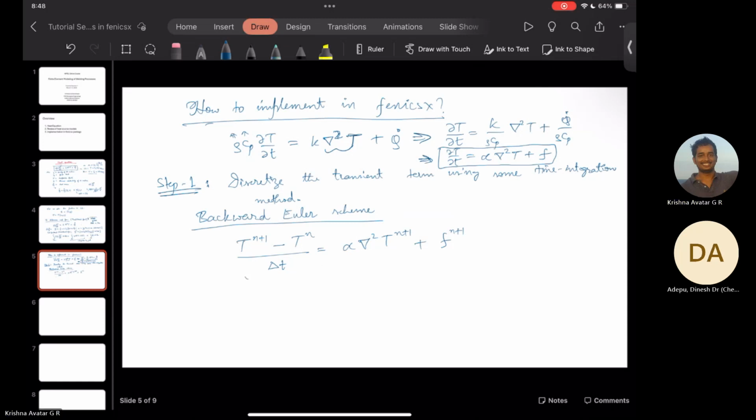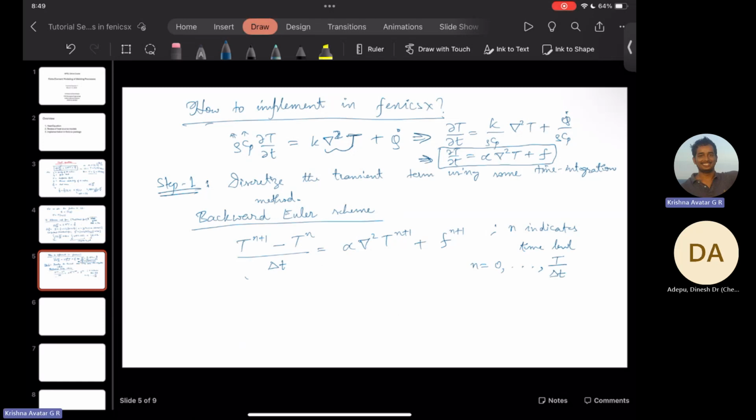All the unknown quantities are taken at the n plus 1 level, and known quantities at time level n. So n indicates the time level, and it can go from 0 till, say, t by delta t.